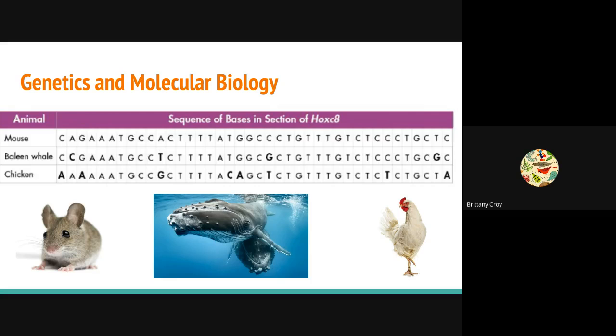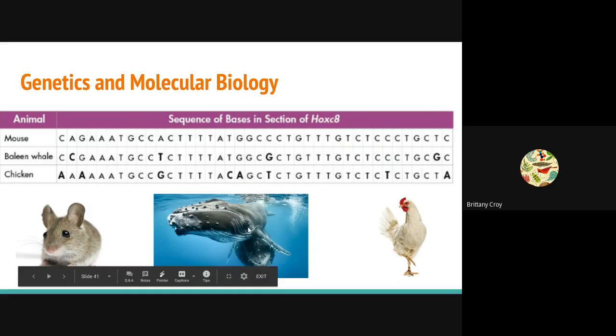A lot of bases are the same. Like look at this. A's, all T's, all G's, all C's. This one's different. All C's, all T's, etc. How weird is it that the whale has something in common with a chicken, has something in common with a mouse, and yet their DNA sequences are similar.